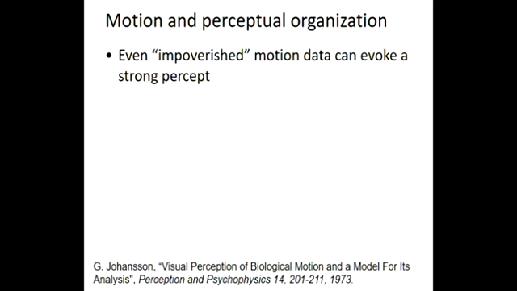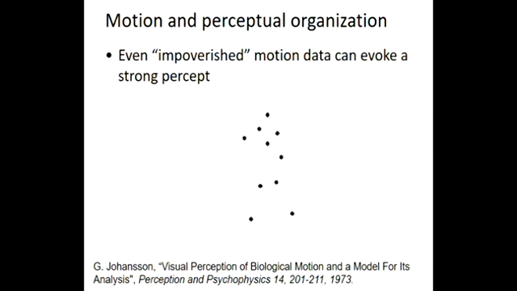One thing to note is a little bit about motion and perceptual organization. Even if we have very limited motion data, it can give us a strong percept. This is just an interesting aside. Here you've got a set of points.